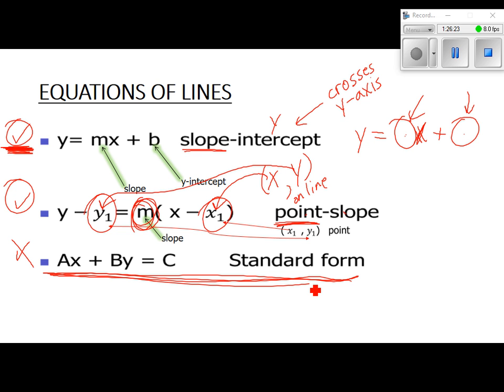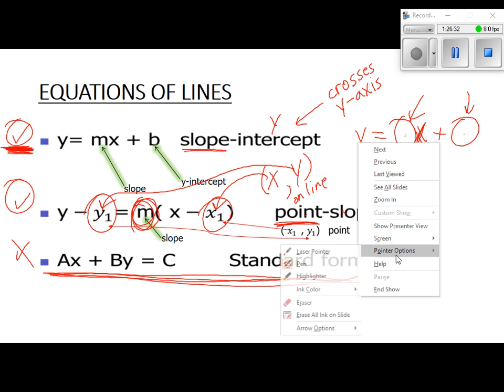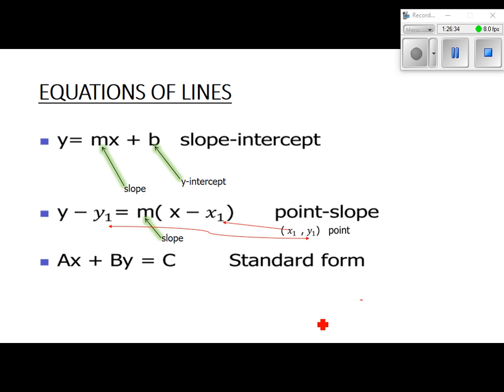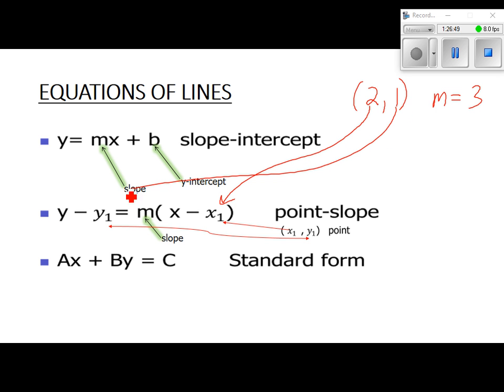I will say this. If we have something in point slope form, so if they tell you, let's erase all this, they tell you a point on the line is (2, 1). That point's on the line. And the slope of the line is 3. I'm just making up something that's sort of easy. We're going to stick this 2 in place of the x right there, the 1 in place of the y right there, and the 3 in place of the m.